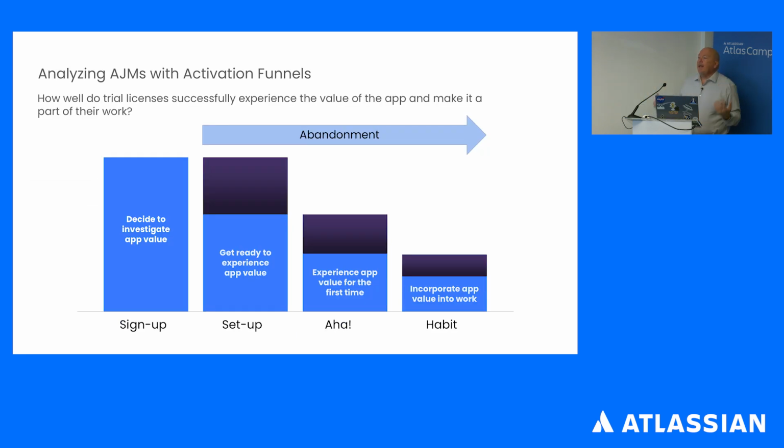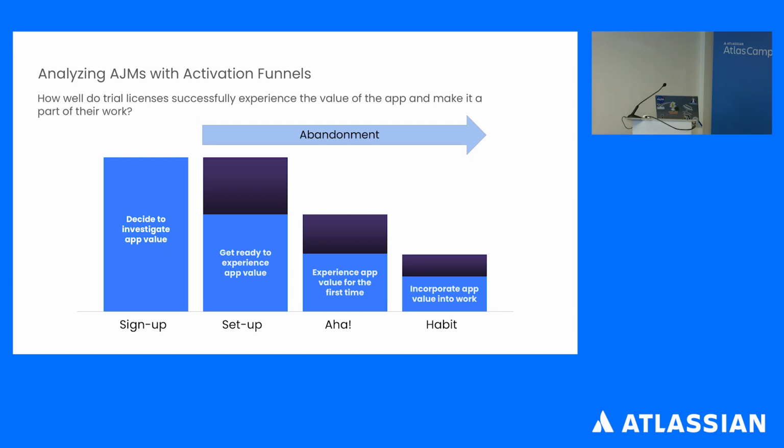So how do we analyze the activation journey map and the success of the user getting through that activation journey? We do that with what's called an activation funnel. So an activation funnel is the user walking through the steps of the activation journey: sign up, set up, aha, habit.